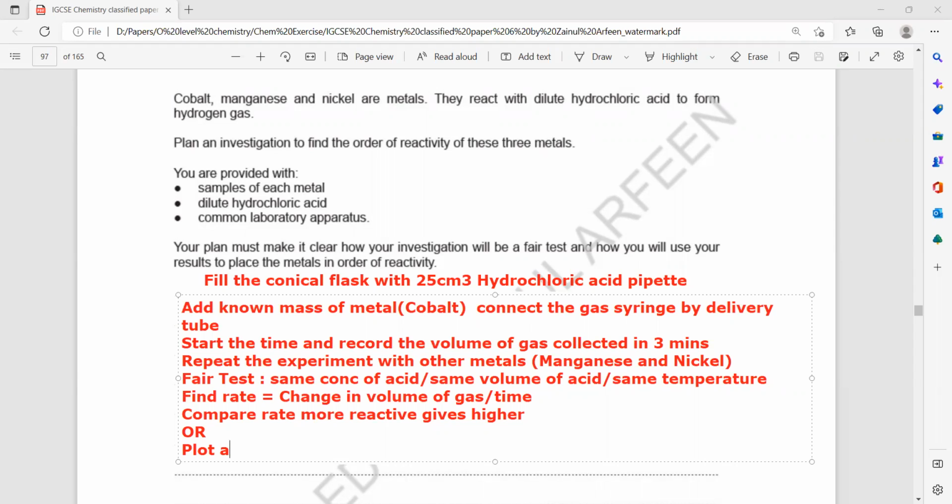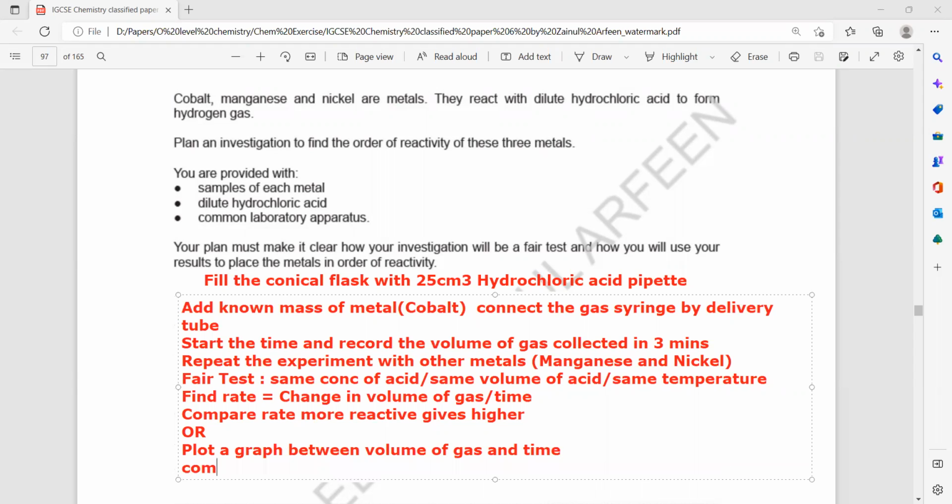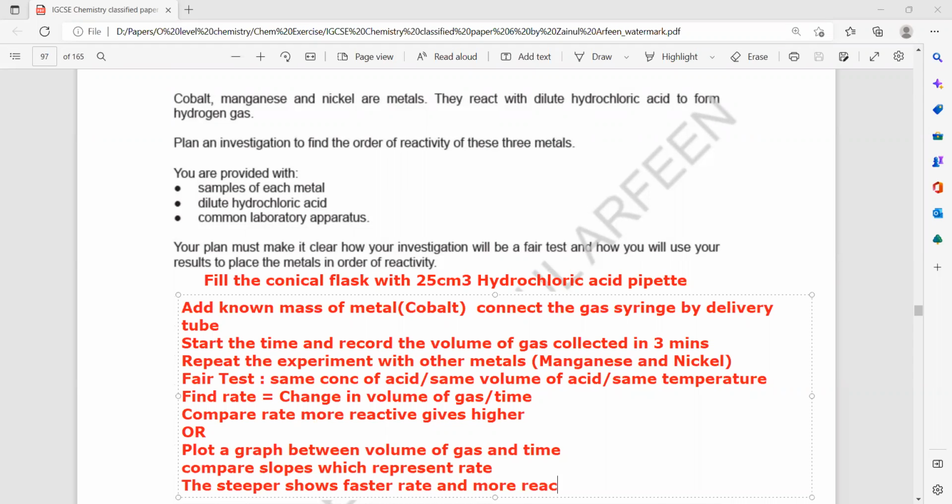So we can plot a graph between the volume of the gas and time and compare the slopes, which represent the rate. The steeper one shows a faster rate and a more reactive metal.